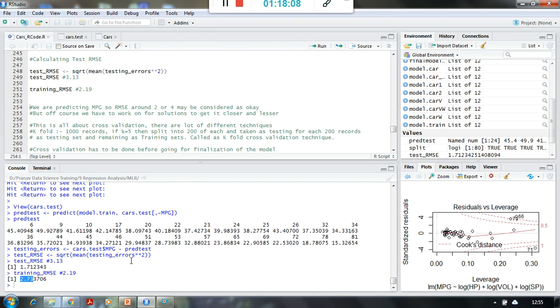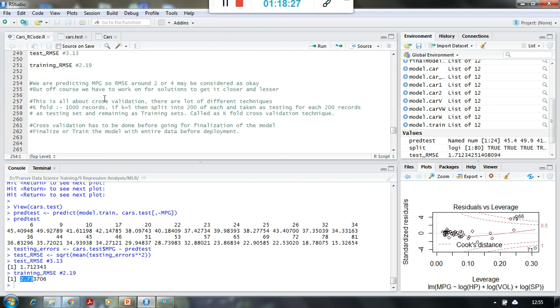Had it been something like 1.71 and 12.73, or 2.73 and 11.71, yes, we would have said that the model is not just right, but has a problem of overfitting, underfitting, bias versus variance, etc. So this is how multiple linear regression modeling can be done, and we have learned a few techniques.